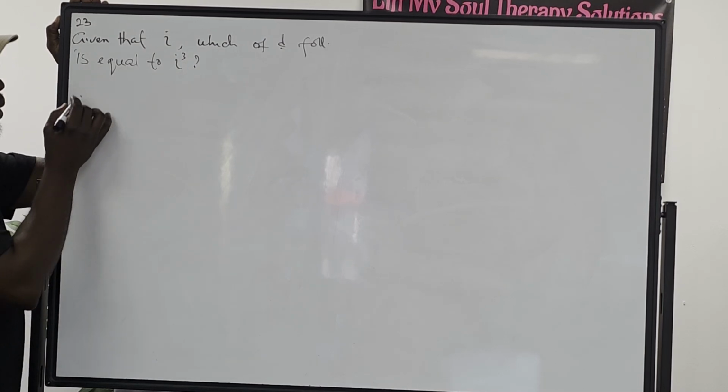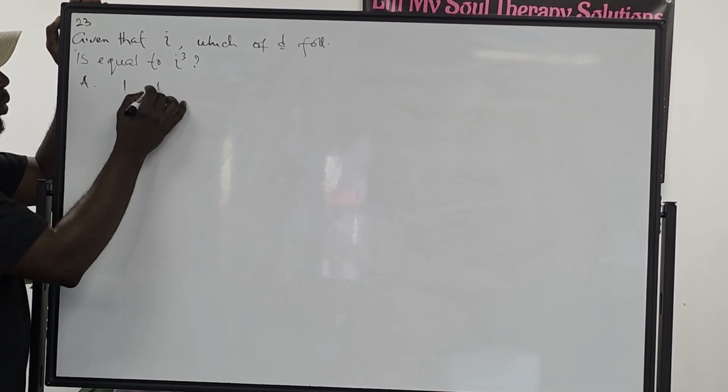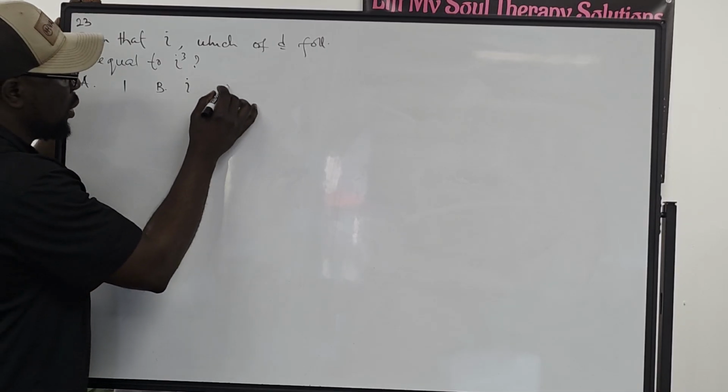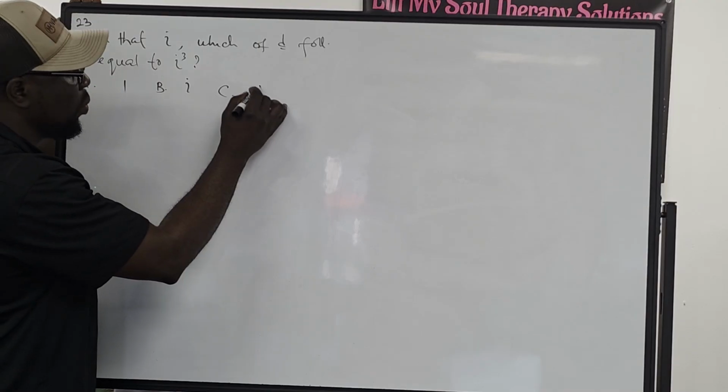And they give us option A is 1, option B is I, option C minus 1, and option D minus I.